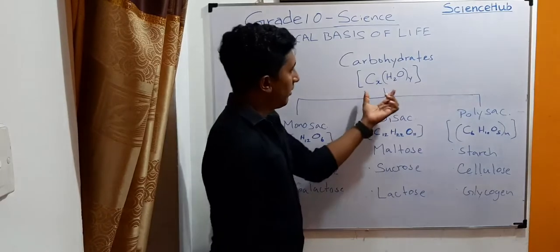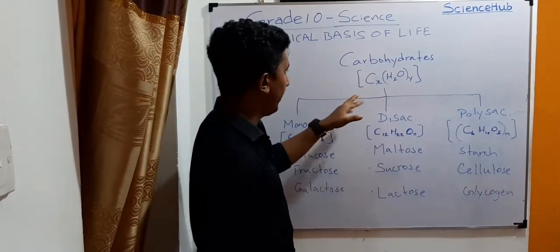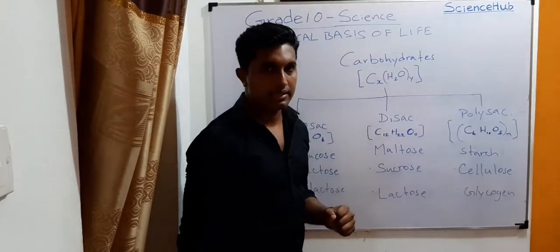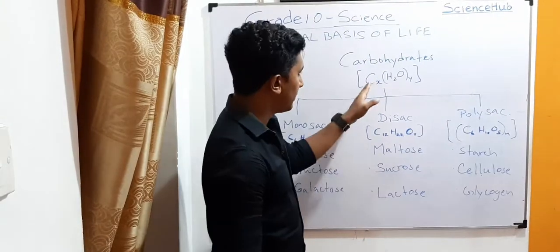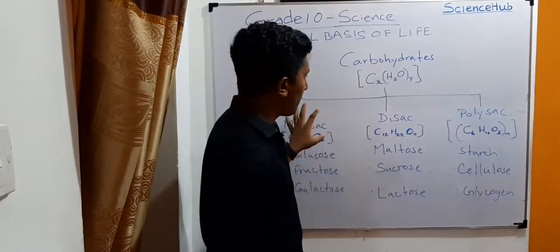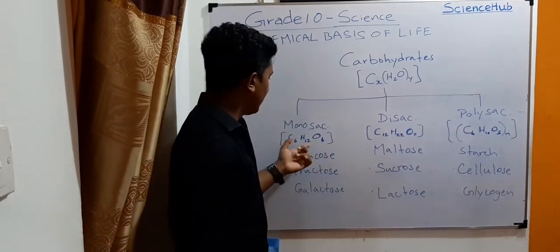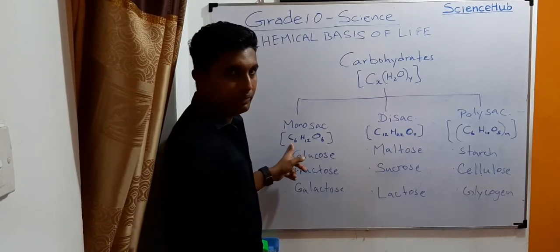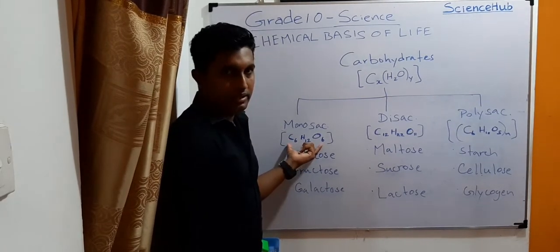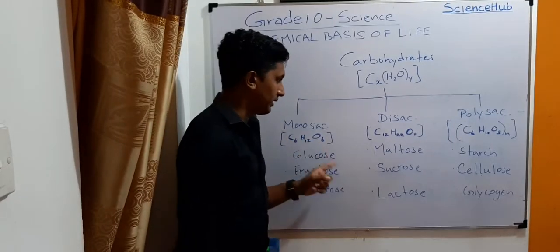And this is the general formula of carbohydrates: CxH2OY. This is the general formula of carbohydrates, and it belongs to all these subcategories. For the monosaccharides, the actual chemical formula is C6H12O6.